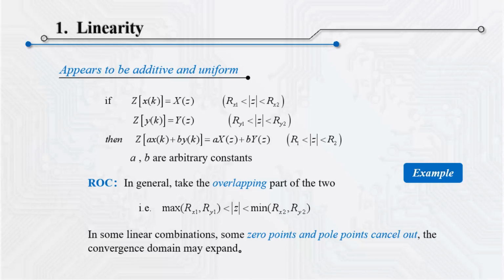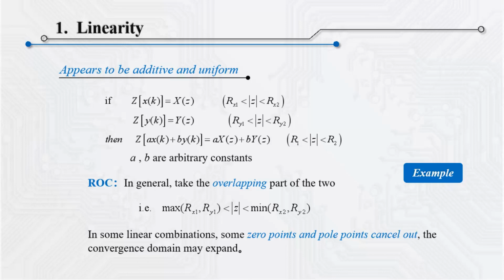In homogeneous form, the combination terms a, b given here are arbitrary constants. Under normal circumstances, after a linear transformation, the corresponding z transformation convergence domain takes the area common to both. Then it means that it takes the form like this.